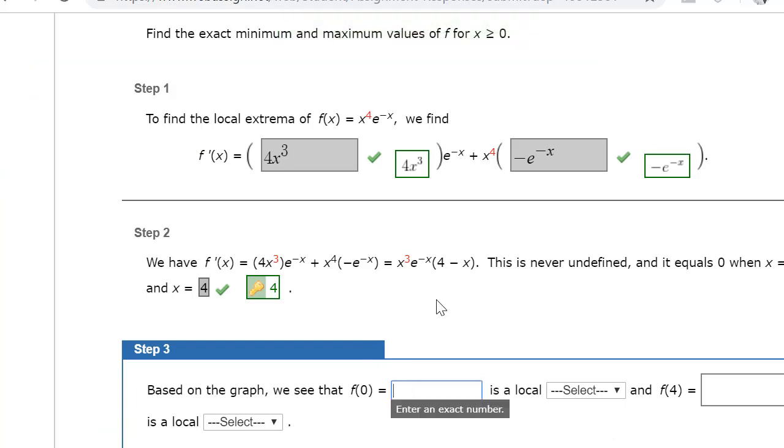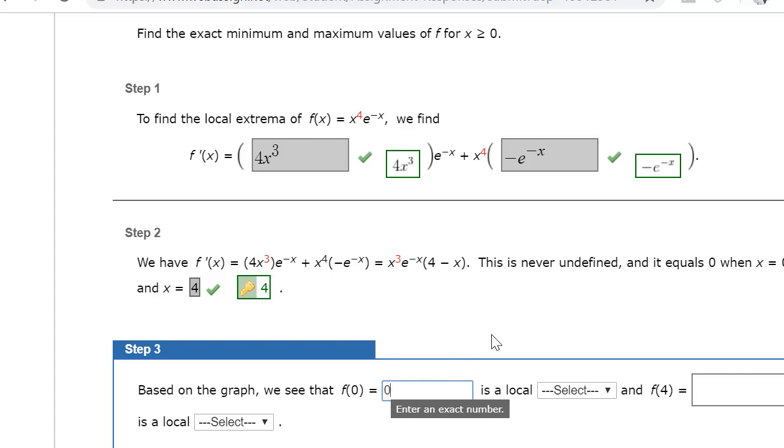Based on the graph, we see that f of 0, when you put 0 into f of x, we're going to get 0. And this is a local, what is it? Well, based on this graph over here, let's take a look at the factored form of this. If we put numbers less than 0, we're going to get a negative value for x cubed, and a 4 minus a negative number is going to be a positive number, so that's going to be negative. It's going down.